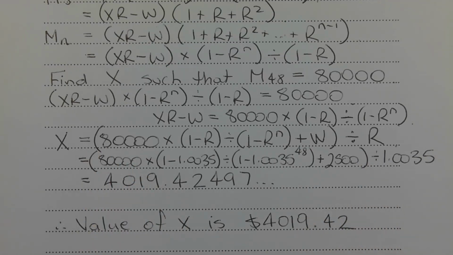So just be careful when you're typing this into your calculator that you don't make any silly mistakes. And then we divide all that by 1.0035 and we get 4,019.42497. And because it's a dollar amount, we need to round this value correct to the nearest cent. Therefore, the value of X is $4,019.42.